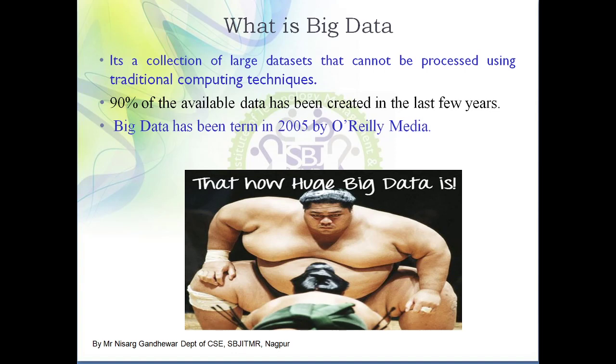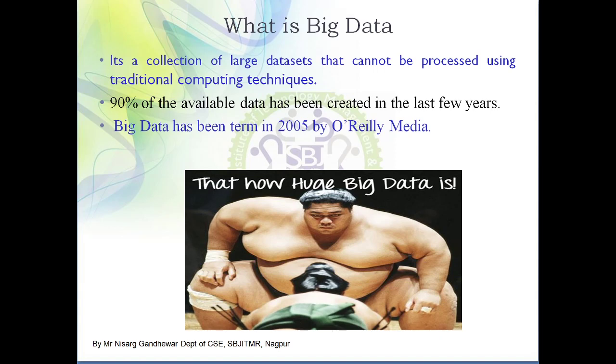Traditionally we didn't have GPUs. Nowadays GPUs are available for faster processing of data related to deep learning as well as machine learning. Big data is a collection of huge amounts of data which cannot be processed using traditional computing techniques, but you require the latest technique, parallel processing.